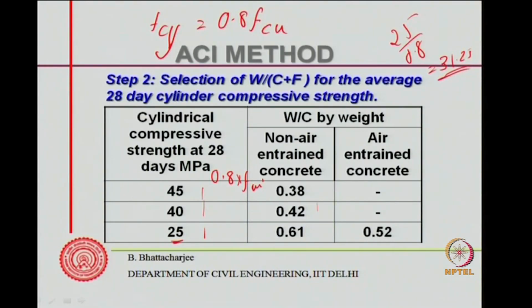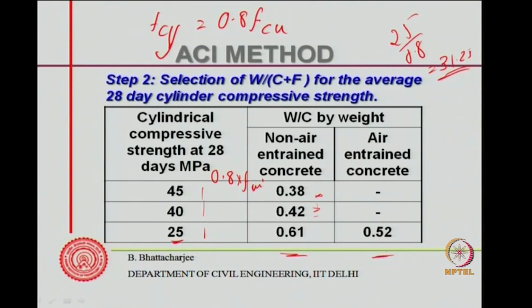So, 25 will correspond to M30 grade of concrete, close to that. So, for adopting this in Indian condition, you have to convert cube strength to the cylinder strength. Correspondingly, you can choose the water cement ratio given there, for non-air entrained concrete and for air entrained concrete.